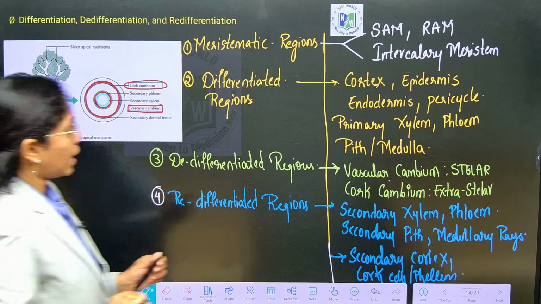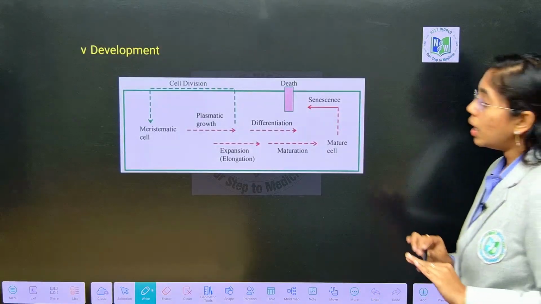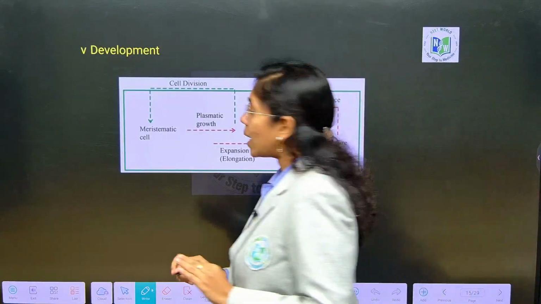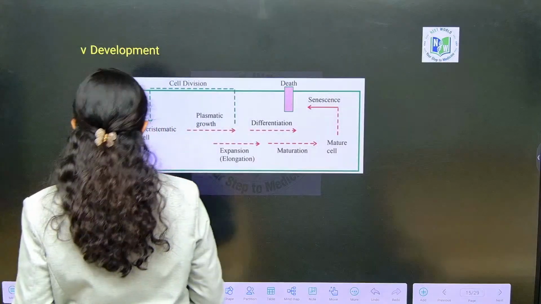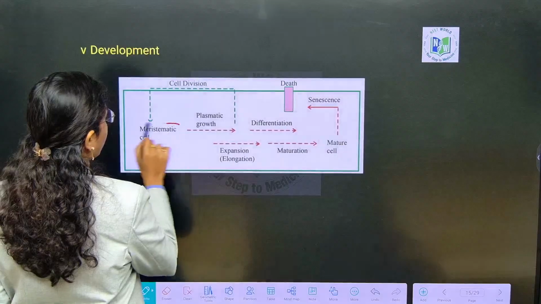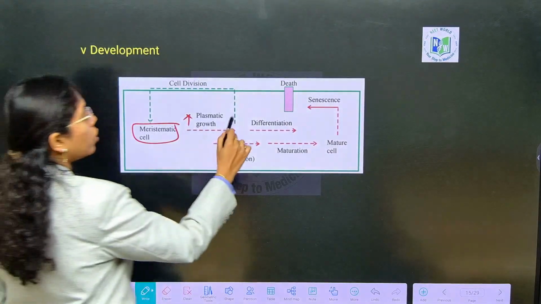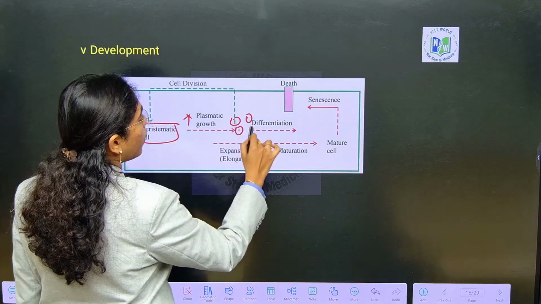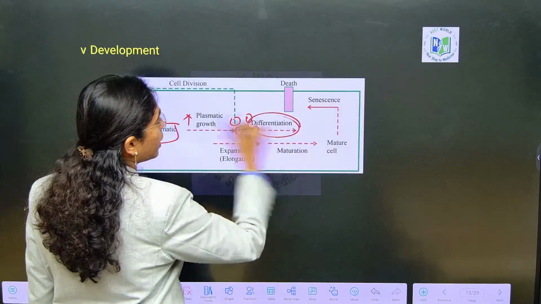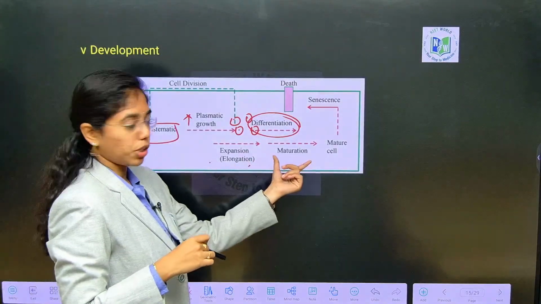Fine. And next, development. Here you see, first meristematic cell we have observed. This meristematic cell will undergo plasmatic growth, that is increase in cell size and cell number, and it forms few permanent tissues. Permanent tissues will be formed after differentiation, and this is by elongation and maturation.